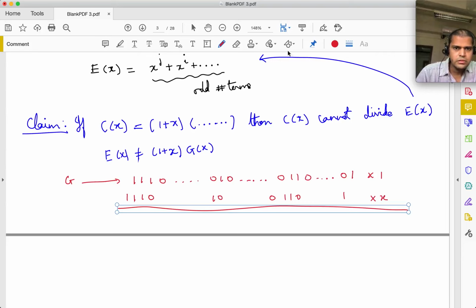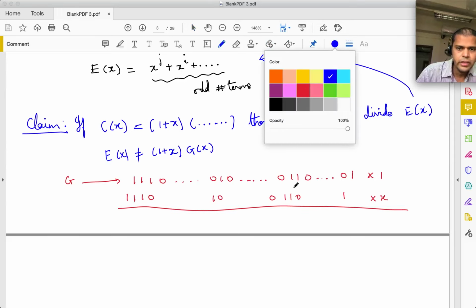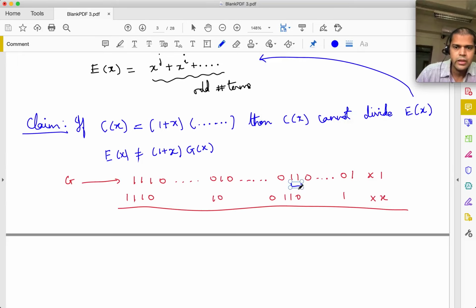So let's focus on one of these particular cases where I have a particular string of ones. Let's focus on these two over here. So I have a string of ones, let's say preceded by 0. What is going to happen when I add 1 plus 0?